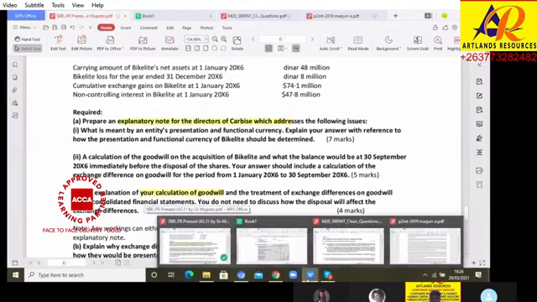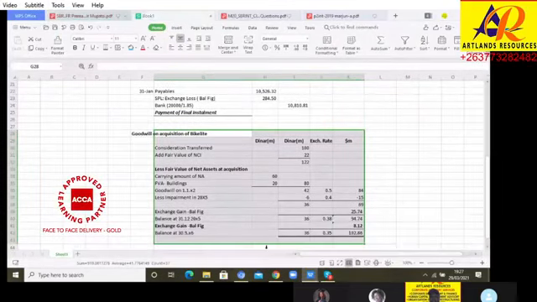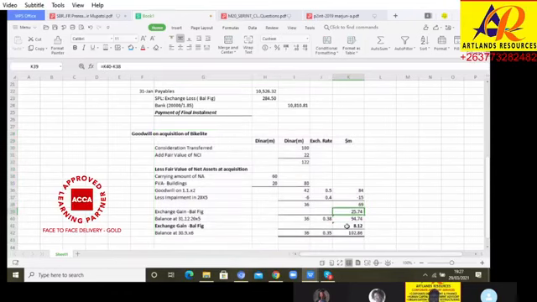They are simply saying, an explanation of your calculation of goodwill and the treatment of exchange differences on goodwill in the consolidated financial statement. So I have my calculation here, I am just explaining this calculation. Please, I'm not doing anything else. And then I explain how these exchange differences are treated in the consolidated financial statements.